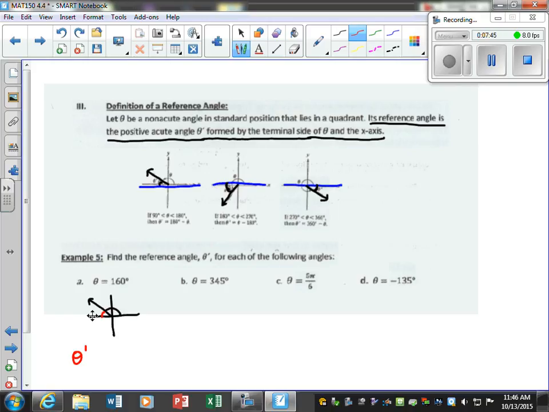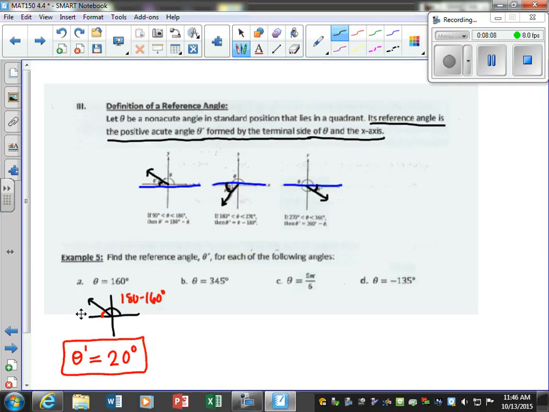Now how do you think I could figure out what that angle needs to be? 180, because this is 180 degrees. So I would calculate 180 degrees and subtract 160 to find out what this red angle is going to be. So the reference angle, theta prime, is 20 degrees.